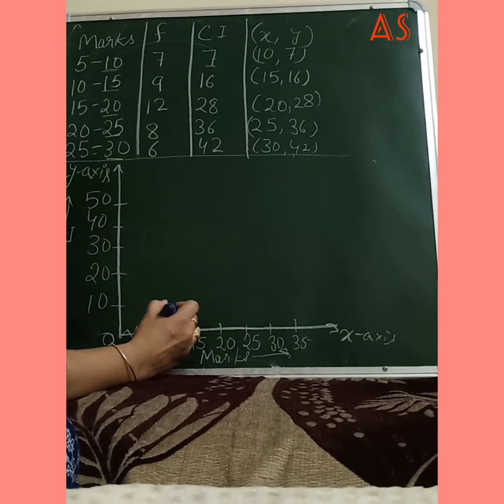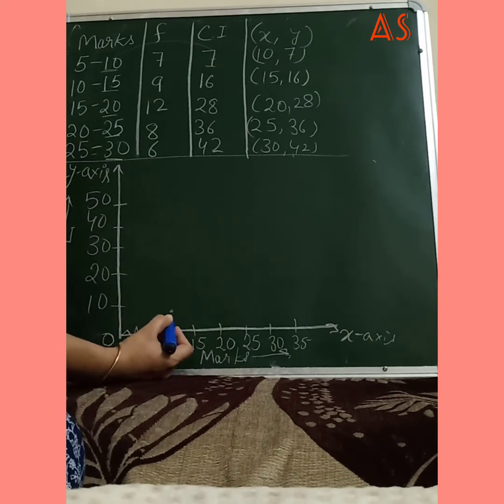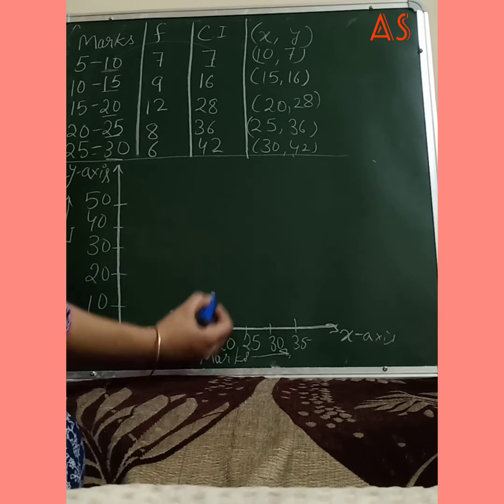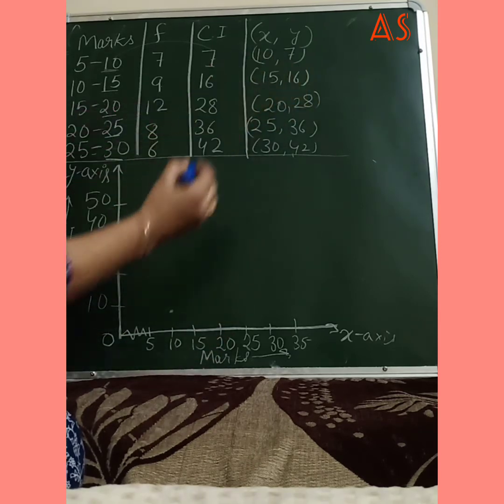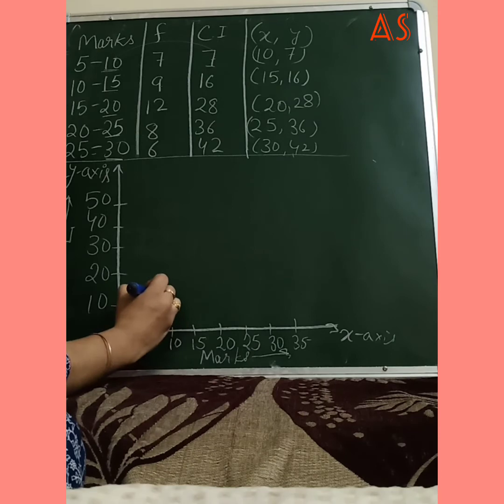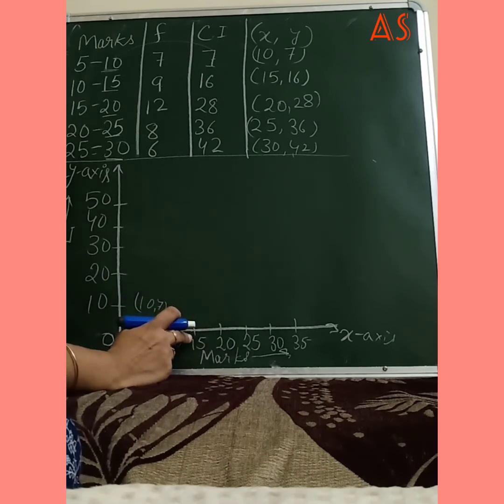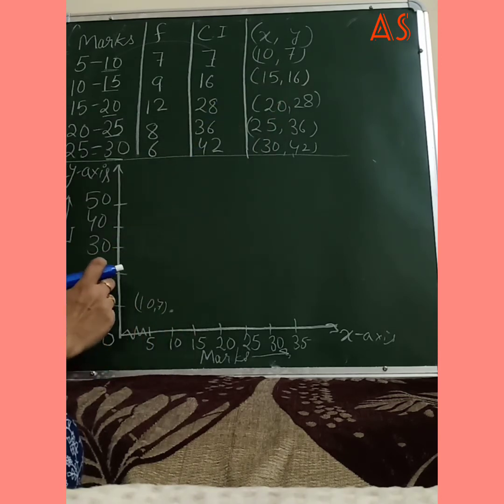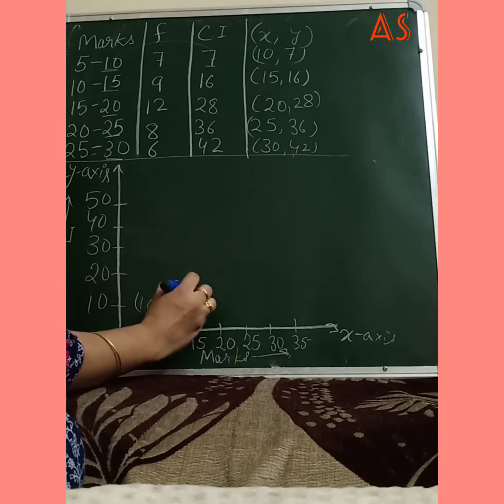It will come near about here. Then we can write here 10, 7. We always have to write the coordinates. Next is 15, 16. X is 15 and y is 16. 16 is near about here.